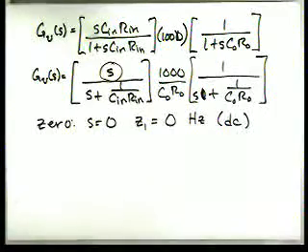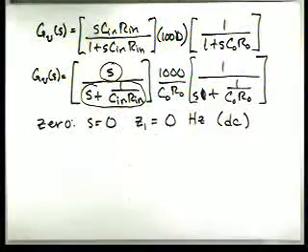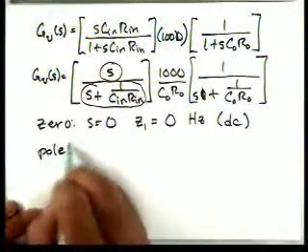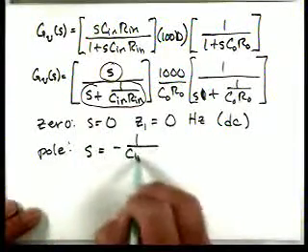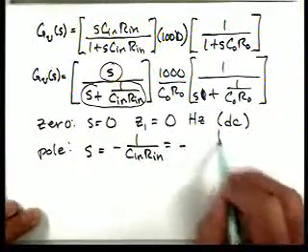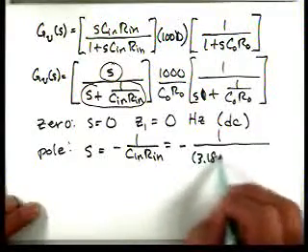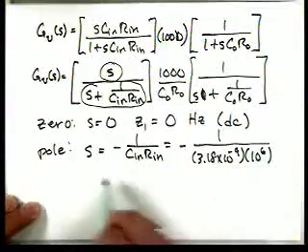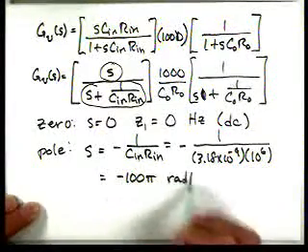Then if we look at this term, here we have a pole. So we have a pole at S equal minus 1 over Cn Rn, which is minus 1 over 3.18 times 10 to the minus 9th times 10 to the 6th, which is minus 100 pi radians per second.